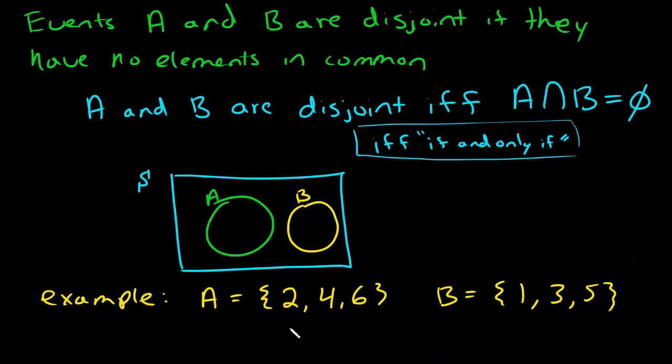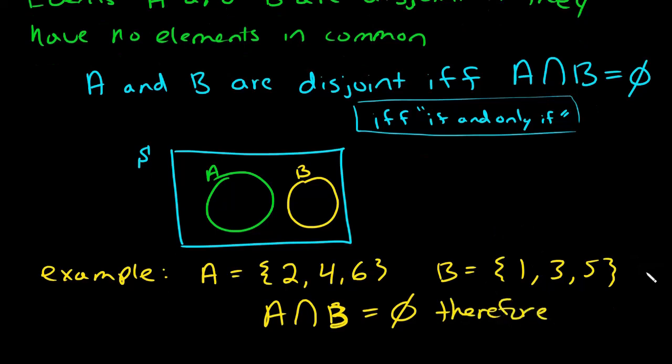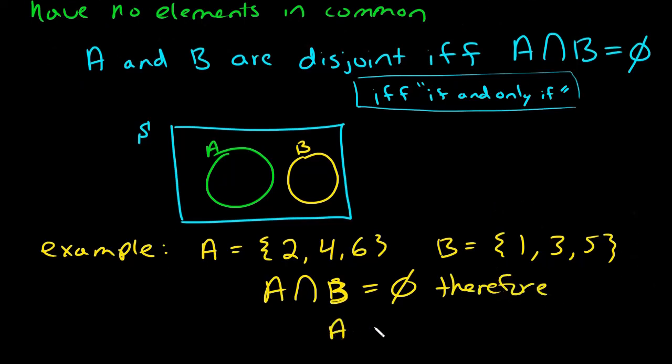In this scenario, A intersection B is the empty set because no elements are shared in both sets. Therefore, A and B are disjoint.